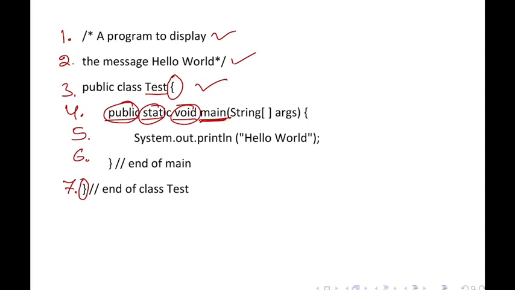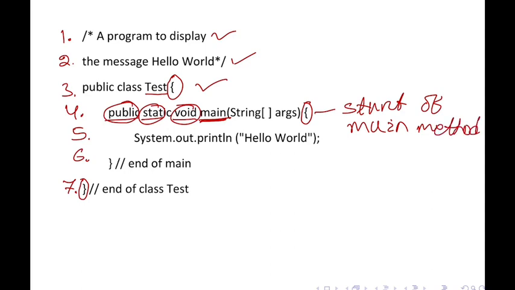So similar to the opening curly braces of line 3, the opening curly braces or the left curly braces at line 4 signals the start of main method, or we can say the start of main method's body.